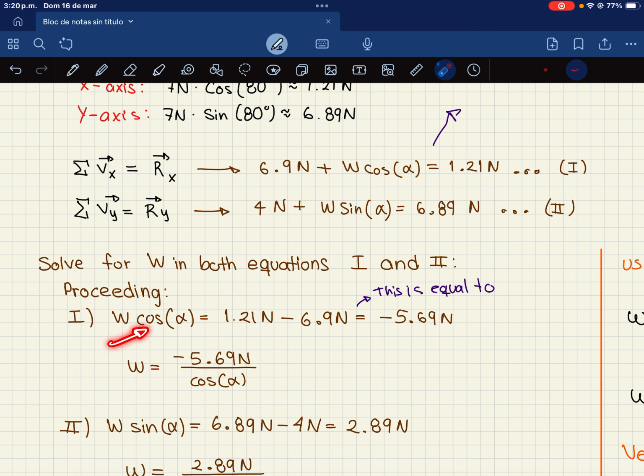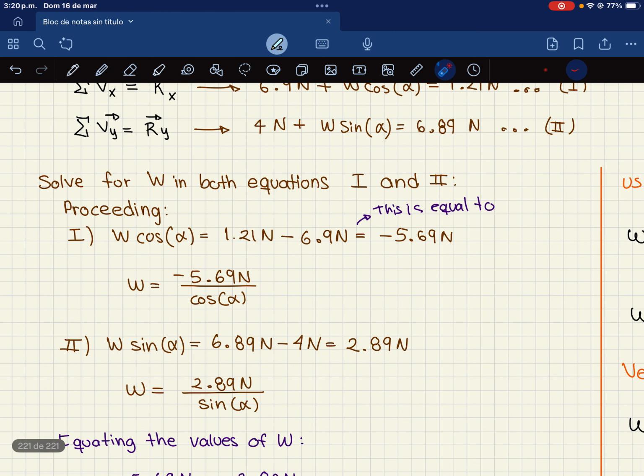The cosine, which is being multiplied, moves to the other side of the equation, dividing by this number. And we have this.